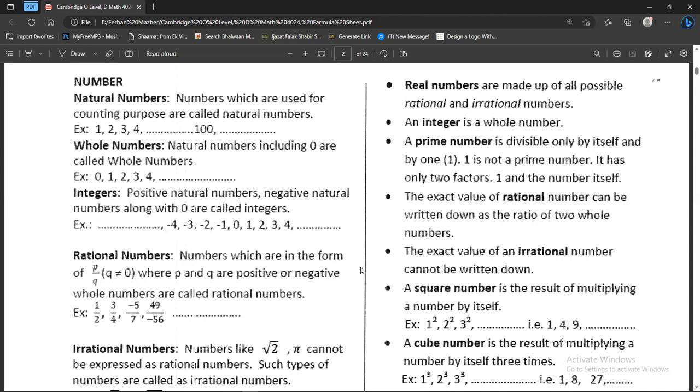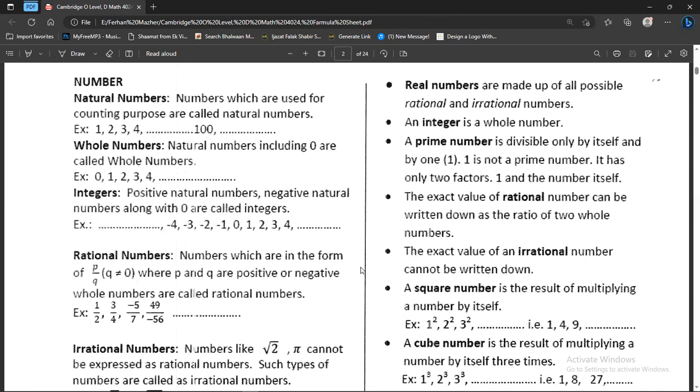There are some other rational numbers. For example, if you have 0.333333, that is also a rational number, because after the decimal, it is not terminating, but there is a pattern of numbers which is repeating. We call it non-terminating recurring.